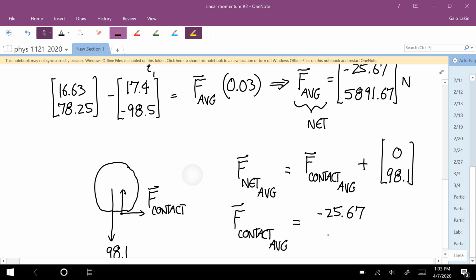The x component didn't change. The y component did change a little bit, to 5989.77.